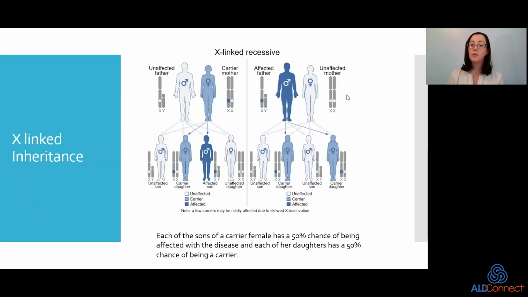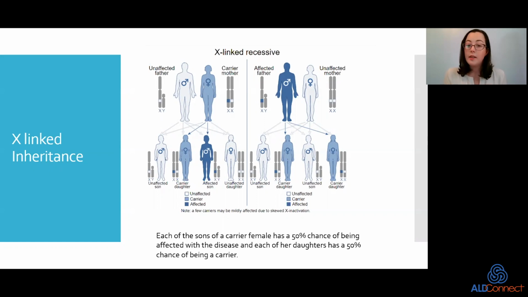So here I have a visual aid helping us process and understand X-linked recessive inheritance. On the left, I have an unaffected father and a carrier mother, okay? So because women have 2 X chromosomes, they have 1 X chromosome, if they're a carrier, with the mutated gene, and 1 that does not have the mutated gene or the condition, okay?